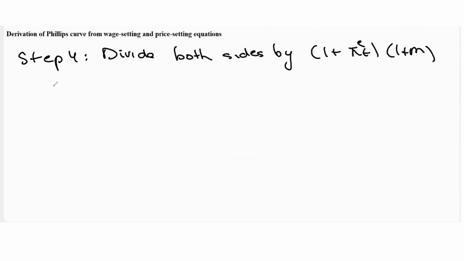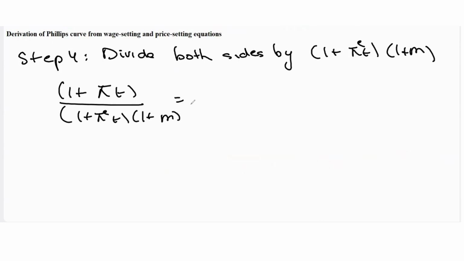So we get 1 plus π_t by 1 plus π^e_t times 1 plus m, and the right hand side will just become 1 minus alpha u_t plus z. This is step 4.